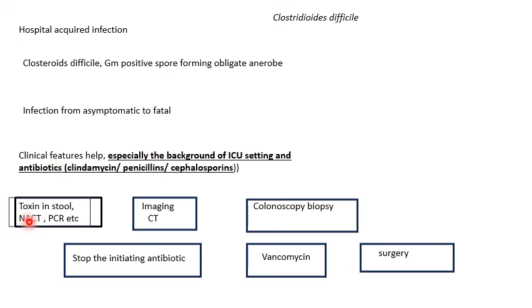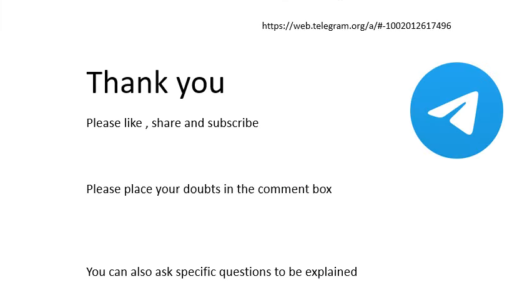So you can look for stool, you can do PCR, imaging may be needed, colonoscopy may be needed. What you do, you stop the initiating antibiotic, which may be your clindamycin, etc. Start on vancomycin. But if there are features of peritonitis or frank perforation, you will consider surgery, or even for toxic megacolon, you will consider surgery.